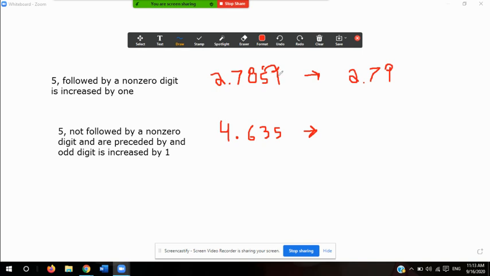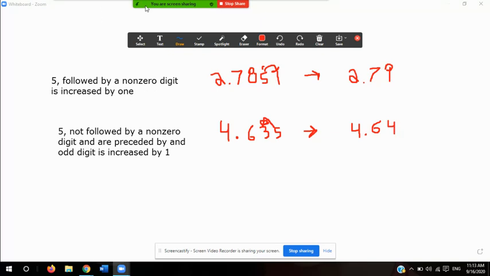So because the number that followed the 5 was a non-zero digit, according to this rule, I increased it by 1. But if I look at the second one, the 5 is the last digit. There's no non-zero digit afterwards. So what do I do now? When that's the case, I'm going to look at the number that precedes it. Because if the number that's before it is odd, which in this case it is because it's a 3, then I increase my measurement by 1. So now 4.635 kilograms turns into 4.64.